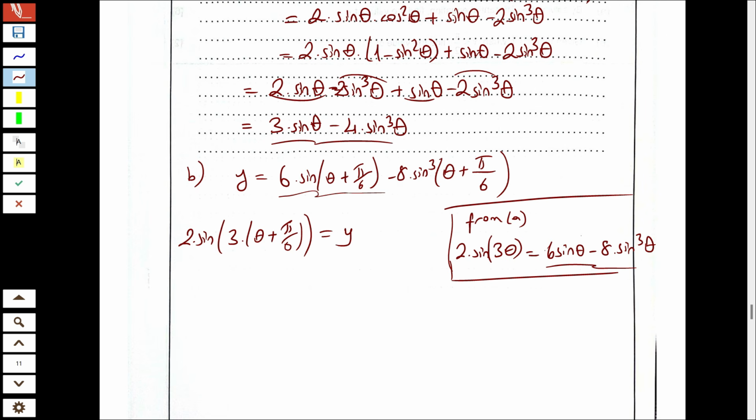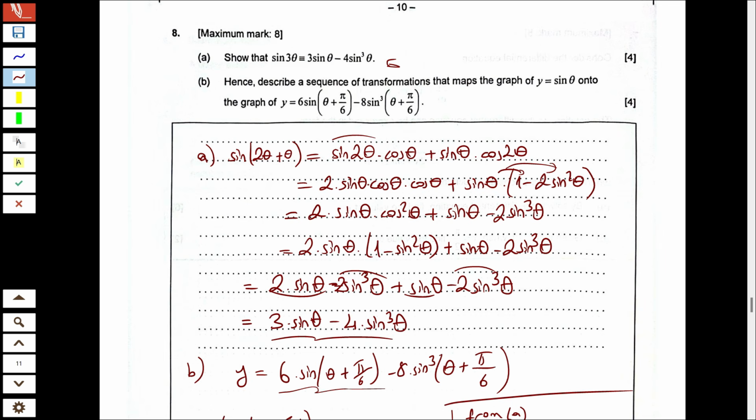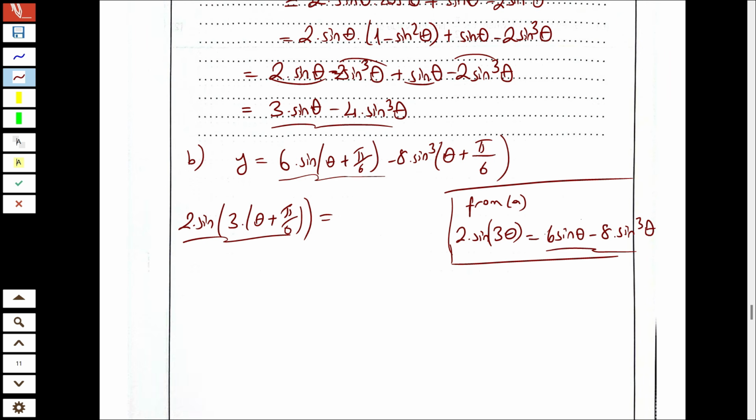So how are we going to get this function, if you apply some transformation to the function sine theta here? By the way, I would like to write it directly, because it can be confusing. There is 2y in the question.